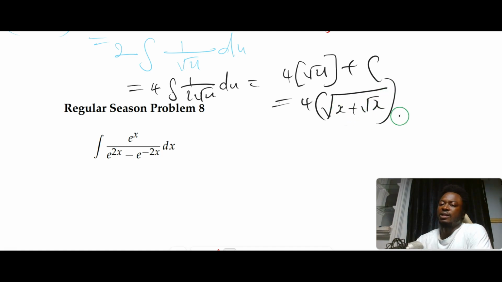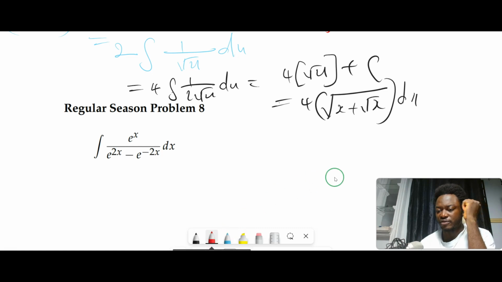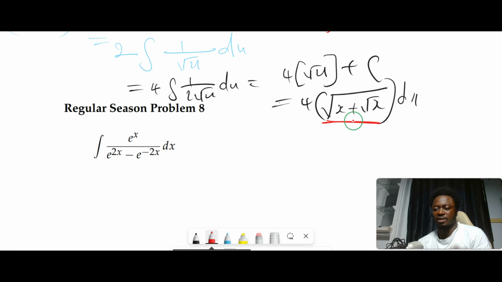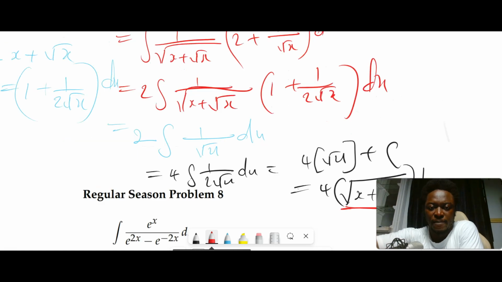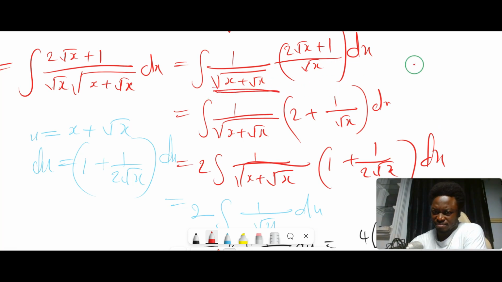I think that if you have a very good imagination, you could probably have solved this without going through this step. Because I think in this exam, they want it to be super fast. So they want you to do it in good time. So let's say you take u to be square root of x plus square root of x. If you take the derivative, you will have 1 over 2 square root of x plus square root of x.